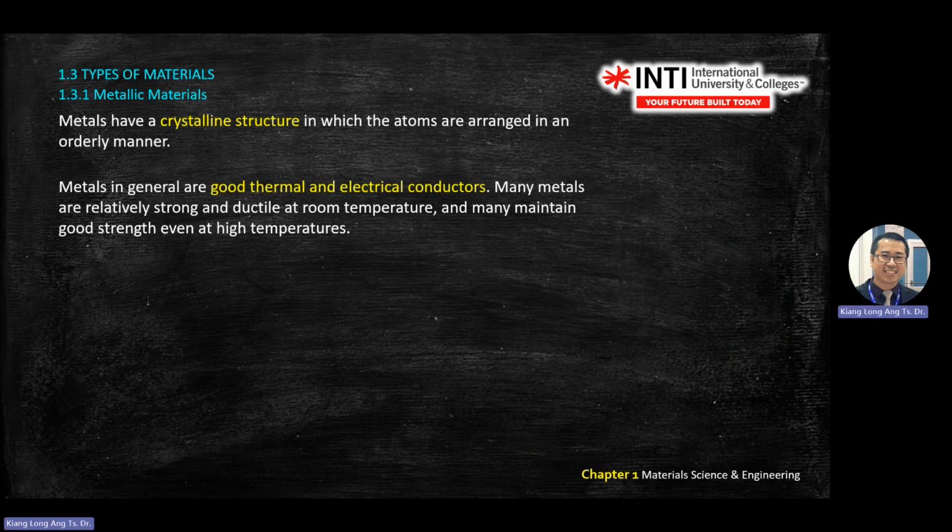It means that when you look into the microscopic dimension, it has a repeating structure. For example, if the structure is a cube, or in a diamond shape, I would say, right. I'm not very good at drawing diamonds.